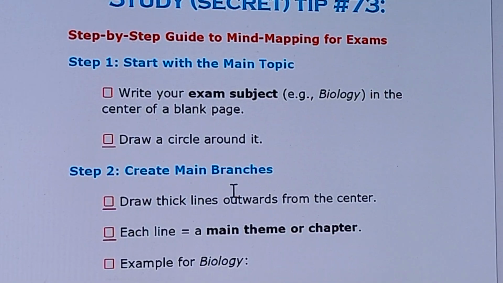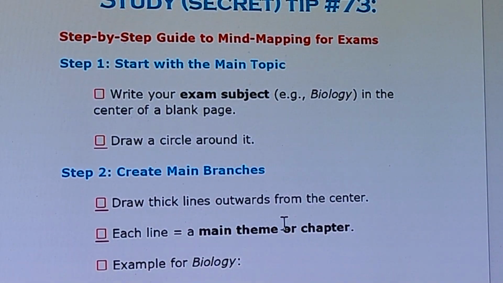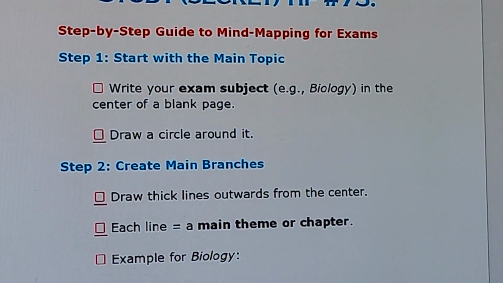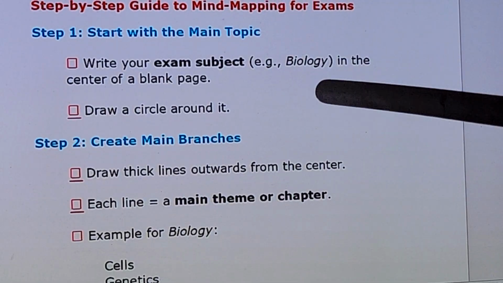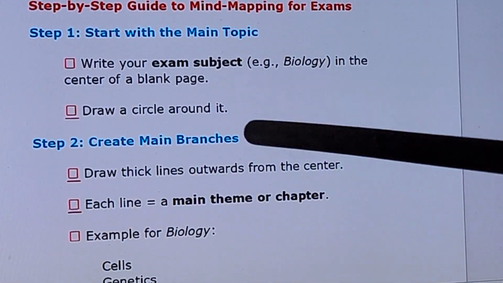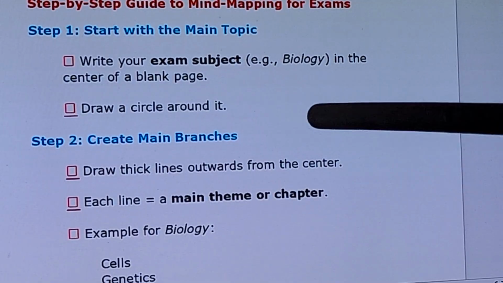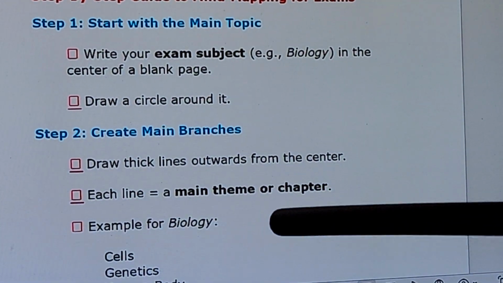Then you create main branches around that word biology. You draw thick lines outwards from the center. So from the word biology, you draw a thick line going outwards. So you make a line going upwards, downwards in all different directions, and each line represents a different chapter or topic. So each line is a main theme or chapter.